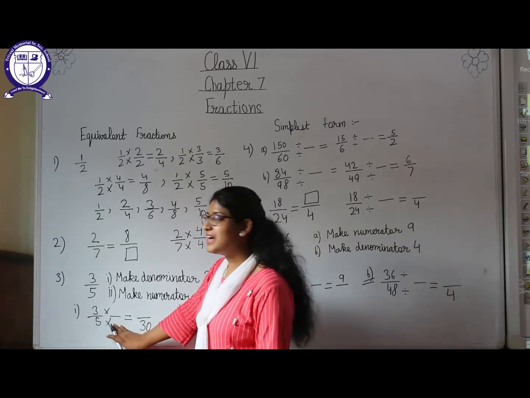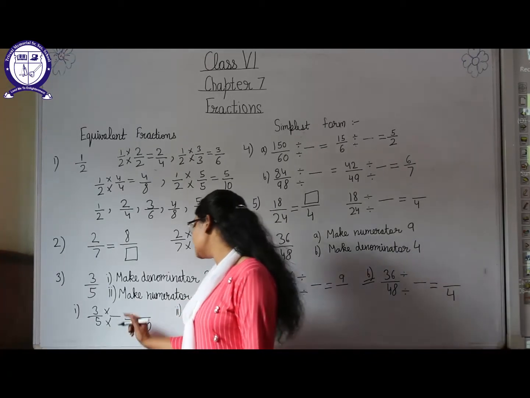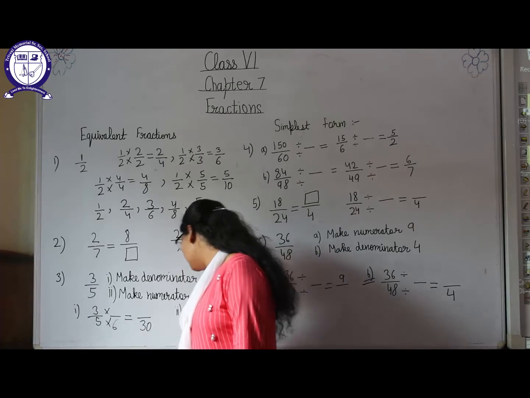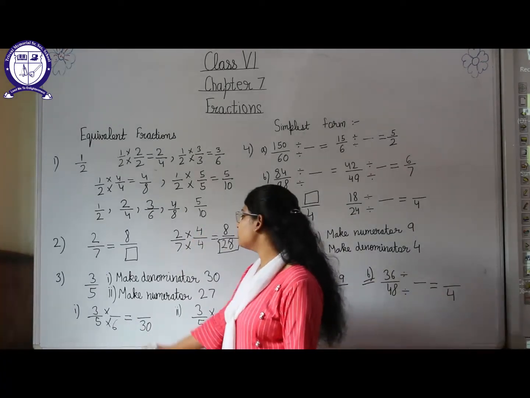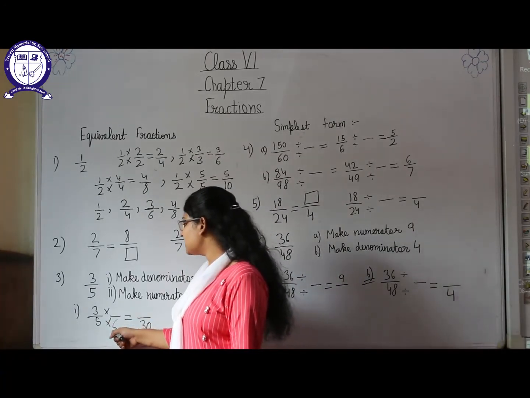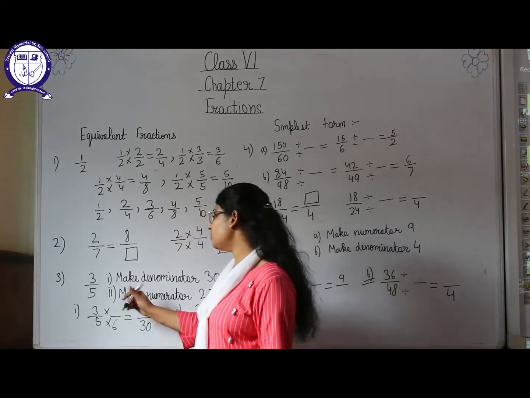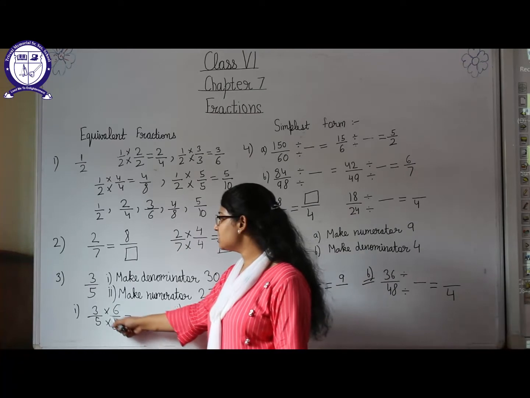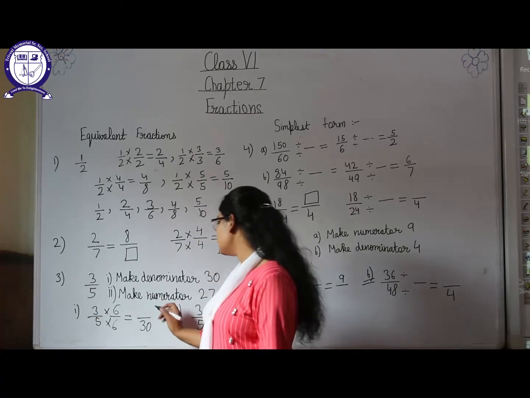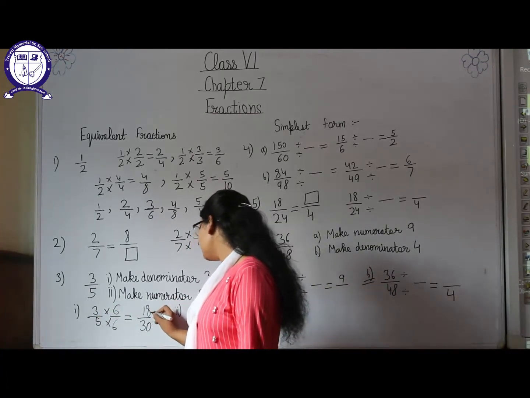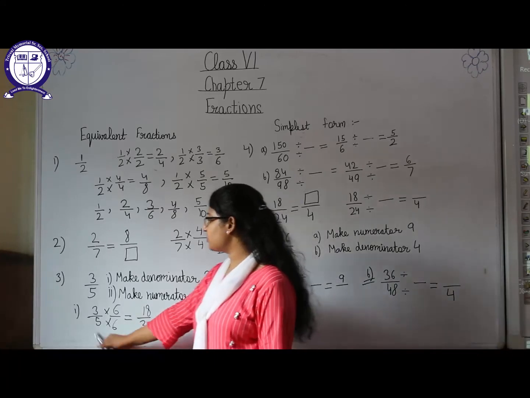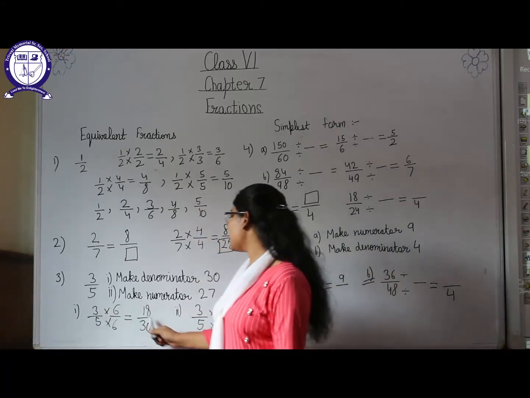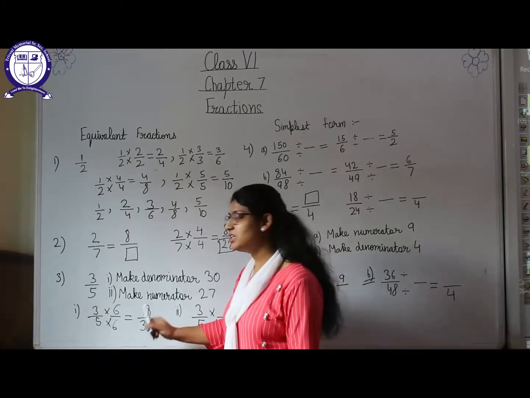What can that number be? 5 times 6 is 30, so 6 can be the number here. And as we know that if we are multiplying 6 with the denominator, we need to multiply 6 with the numerator also. So here will be 6/6. Here 3 times 6 is 18. So 18/30 is our equivalent fraction for 3/5. And if we check, our denominator is 30 here.